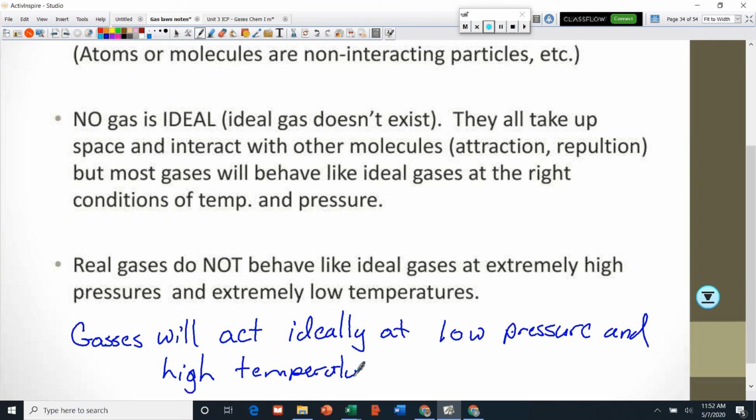The reason is that at low pressure, the gas molecules are really far apart, so the chances of the intermolecular forces causing them to pull together is lower. And then at high temperature, they're moving faster, so their interaction is going to be less. That's why they act most ideally in that set of circumstances.